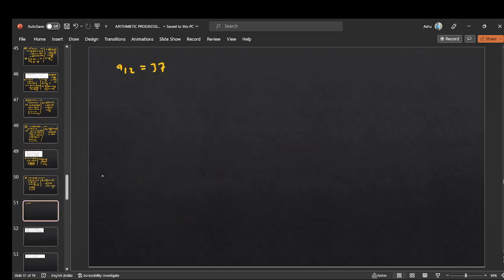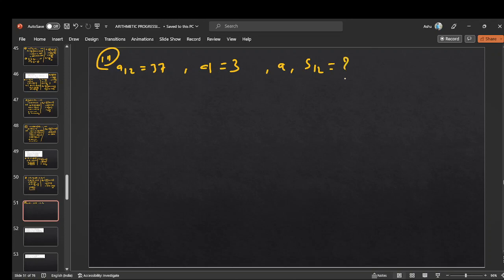Find A and S12. D is 3. Here this is the third part. Clear? Find A and S12. Clear? It is our aim. D is given. Now how can I solve it?